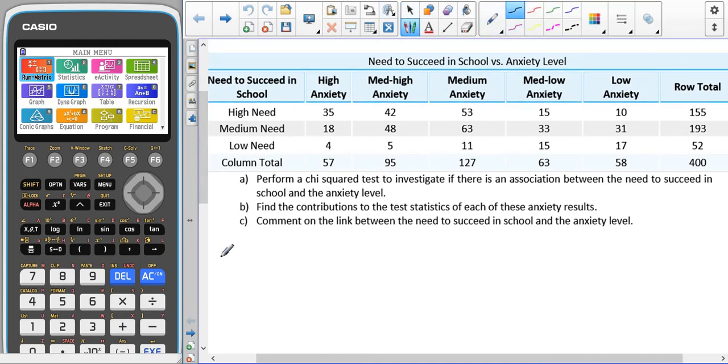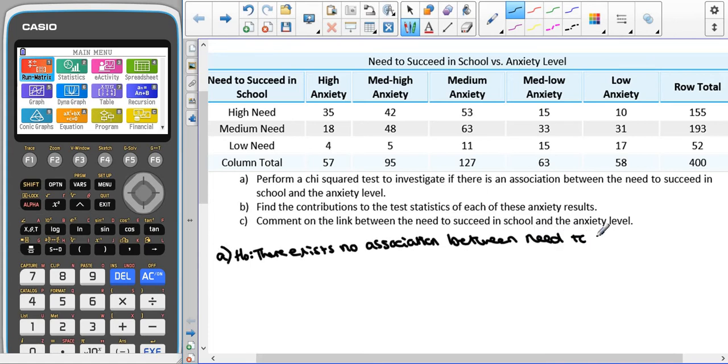So for part A, our H0 is going to be there exists no association between need to succeed and anxiety level.